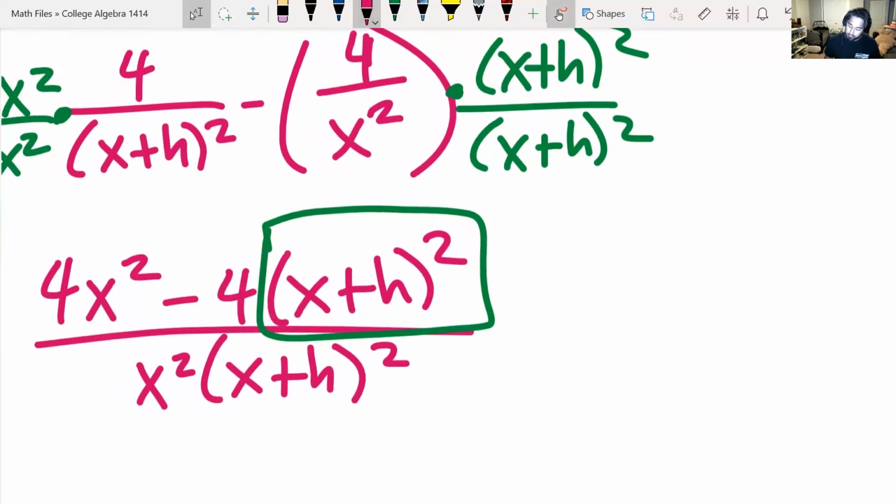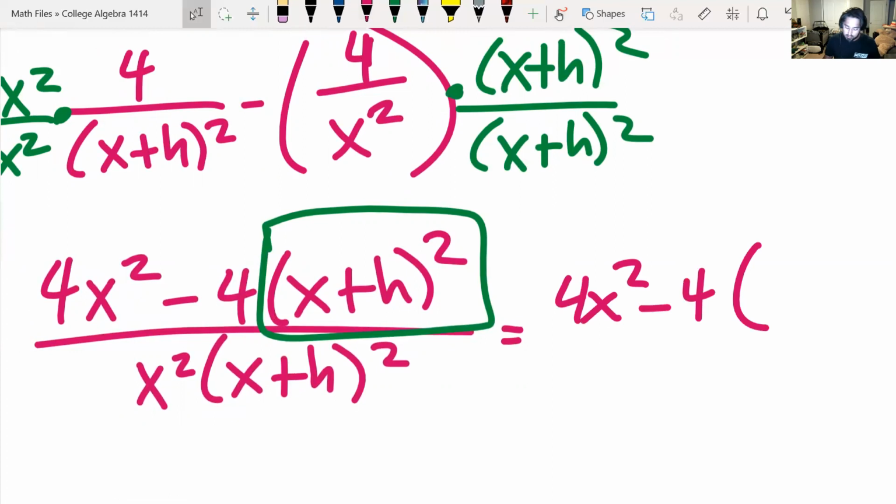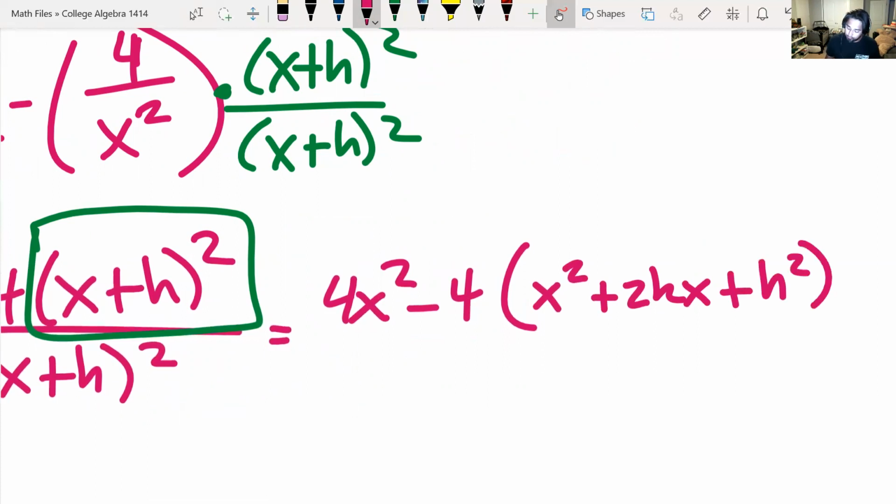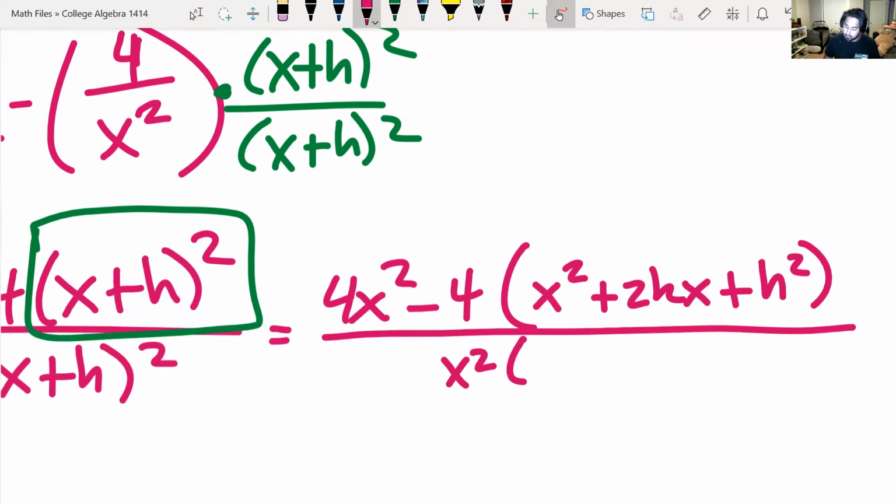Okay, so we'll get 4x squared minus 4 times, and like I said, we're saving time. We're putting in the foiled out version. X squared plus 2hx plus h squared, all over the same denominator.